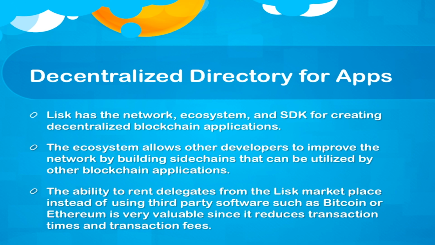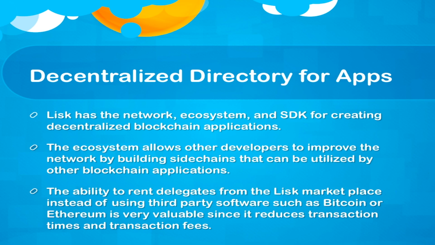So, a decentralized directory for apps. Lisk has a network, ecosystem, and SDK for creating decentralized blockchain applications. The ecosystem allows other developers to improve the network by building sidechains that can be utilized by other blockchain applications. One example could be if you wanted to build a decentralized social media network. You would essentially use one of the sidechains that contains a decentralized cloud storage application if you wanted to store photos, for example, on your social media application.